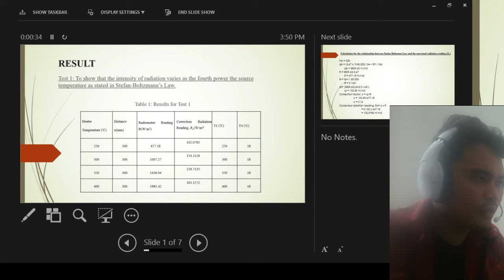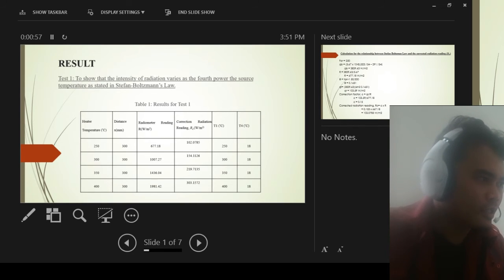Table 1 shows the values for the heater temperature, distance, radiometer reading, corrected radiation reading, temperature 1, and temperature 4. So we need to find the radiometer reading, corrected radiation reading, temperature 1 and temperature 4.